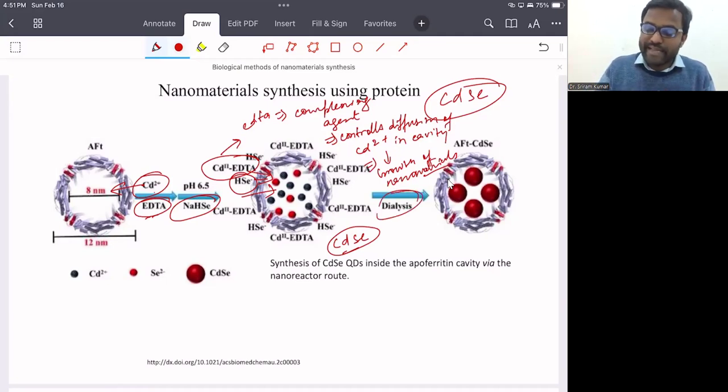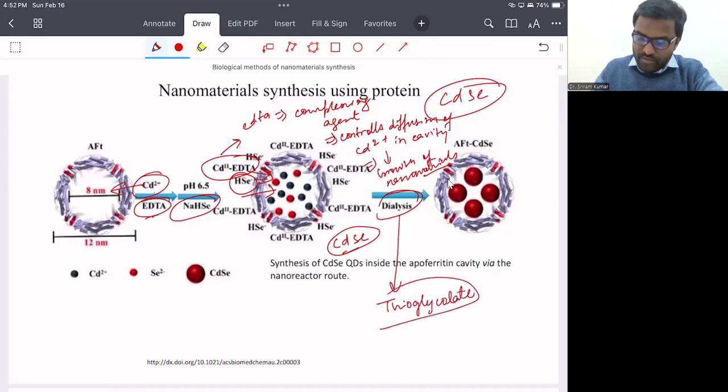And once we do the dialysis, this dialysis process we can do in thioglycolate. If you use thioglycolate and dialyze, this can be used as a capping agent.